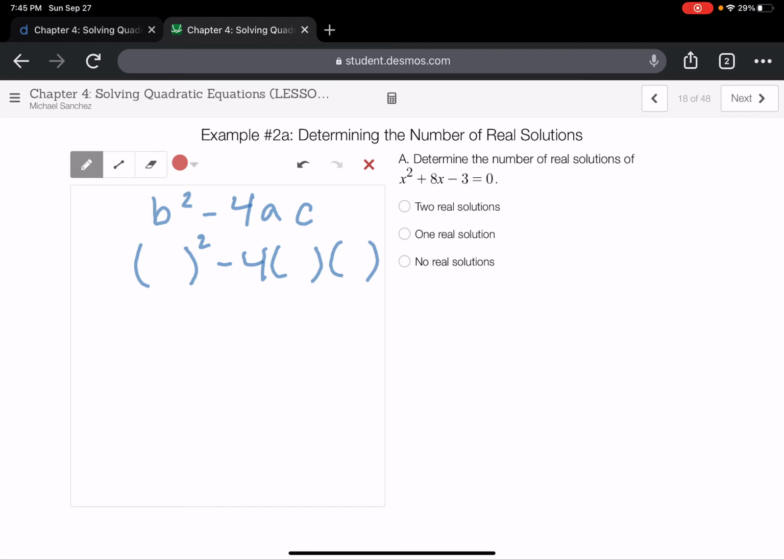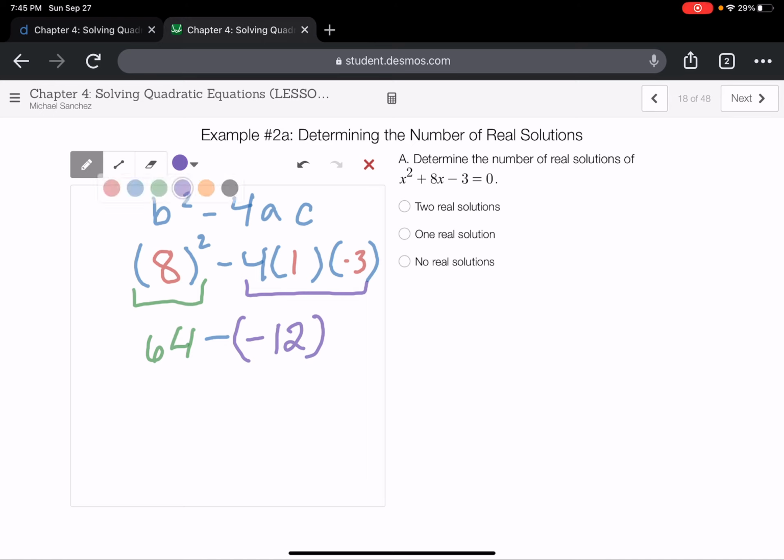So we have b squared. B is 8, so I'm going to replace the b with an 8. A is just a 1, because there's no number in front of the x squared. And c is a negative 3. Here we follow our order of operations. 8 to the power of 2 is 8 times 8, which is 64. I'm going to subtract, and then multiply: 4 times 1 is 4, times negative 3 is negative 12.